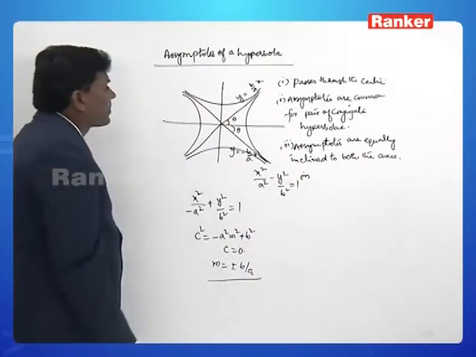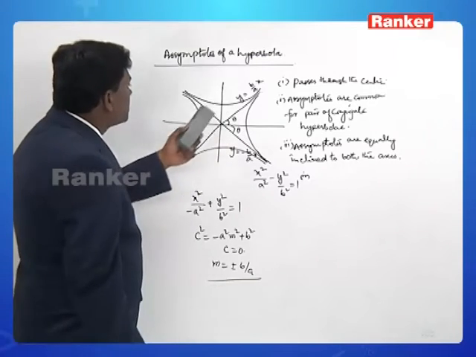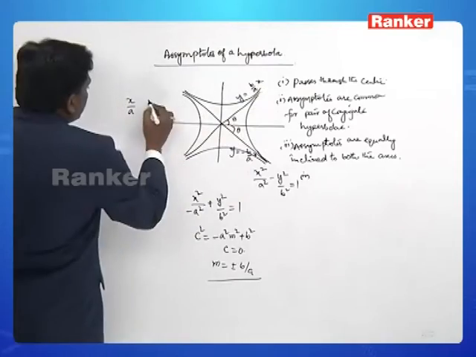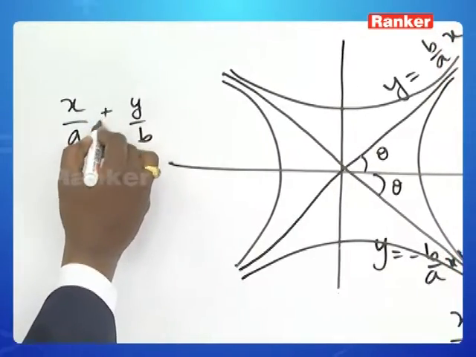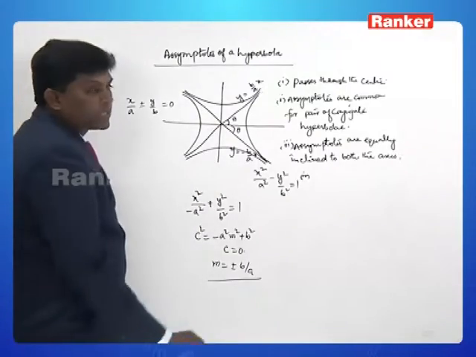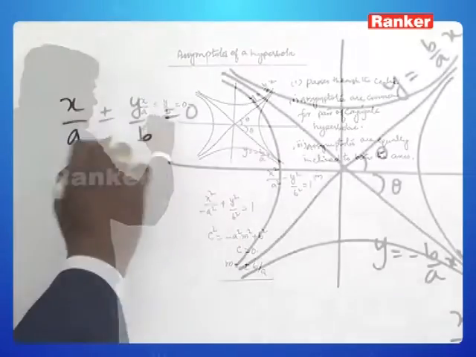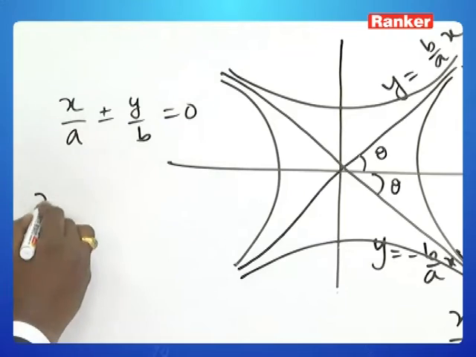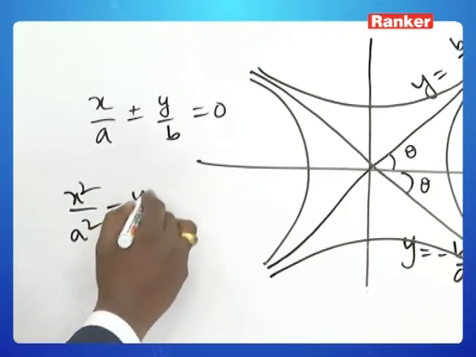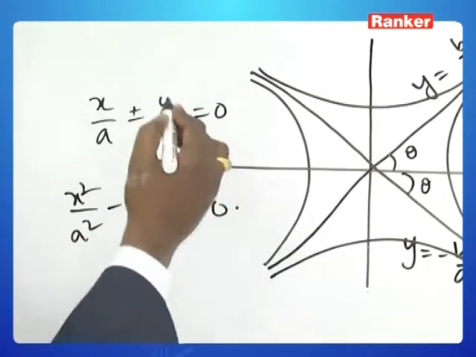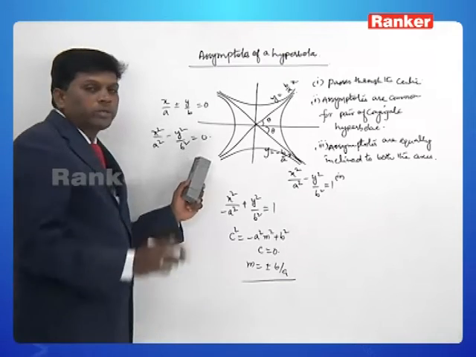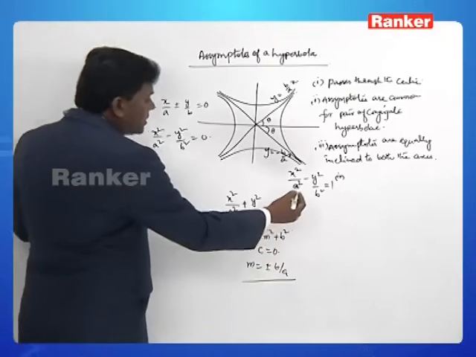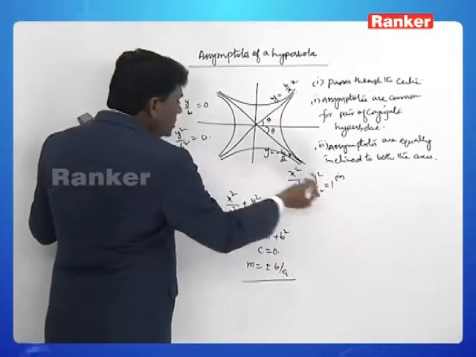Not only this, if we observe the asymptote equations, x by a, transferring b to the left side, you are getting y by b. Signs between them will be plus or minus. Taking the pair of these two, x by a plus y by b, x by a minus y by b, multiplying these two, we are getting the pair of asymptotes as x square by a square minus y square by b square equal to 0. And the hyperbola equation is the same, equal to 1.